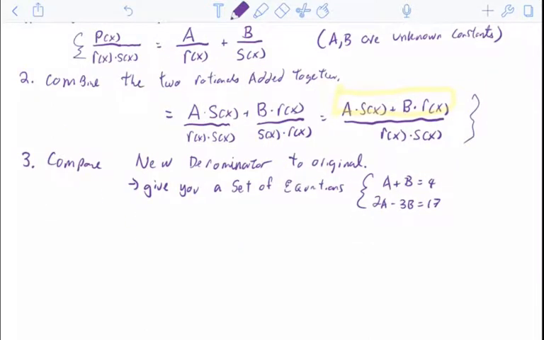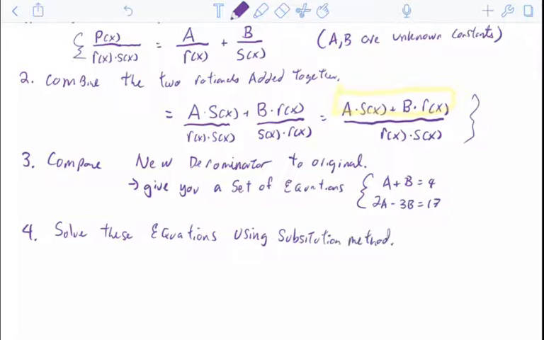Step 4, solve the equations using the substitution method, or any other method for solving linear equations, and this will give you the value of a, and it will give you the value of b.